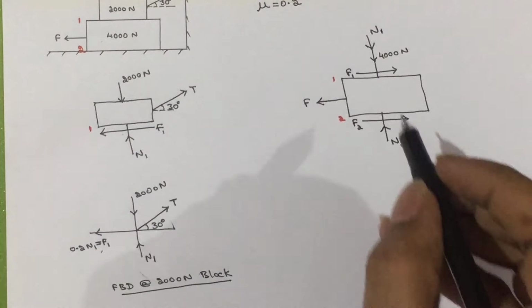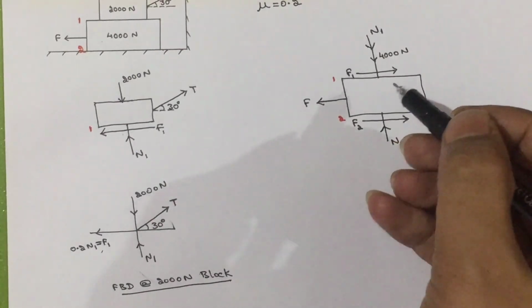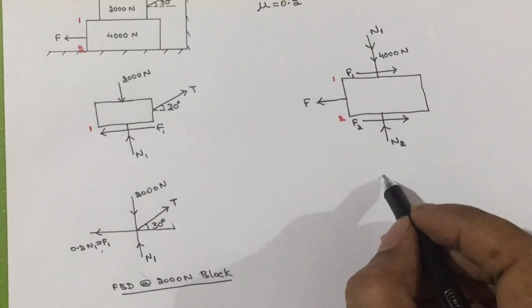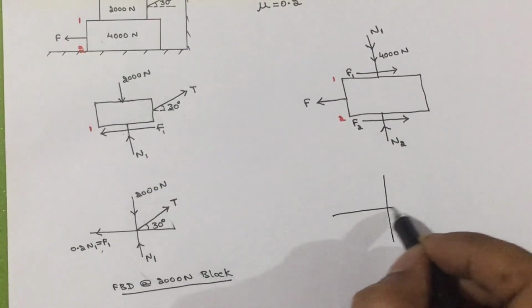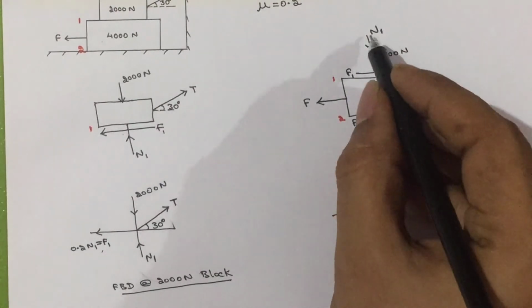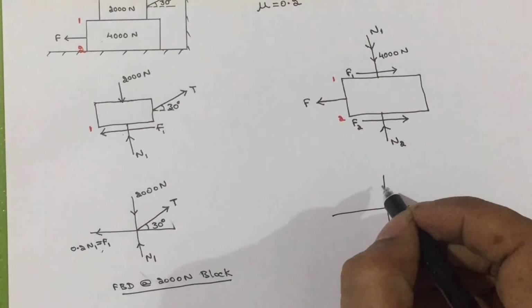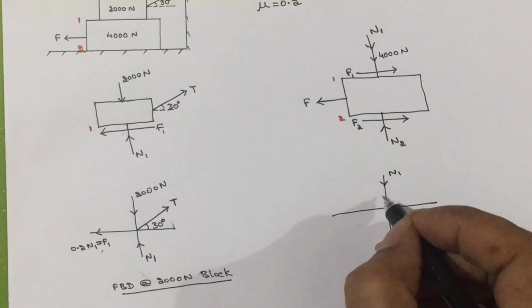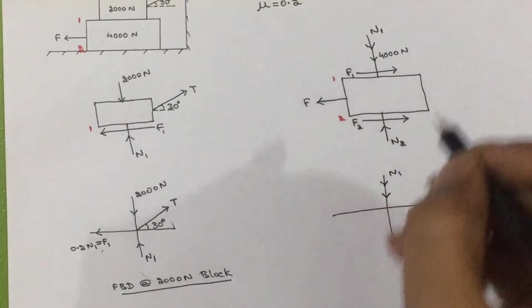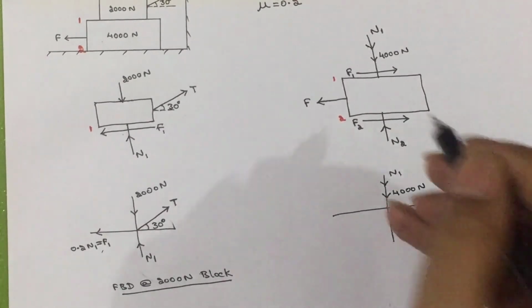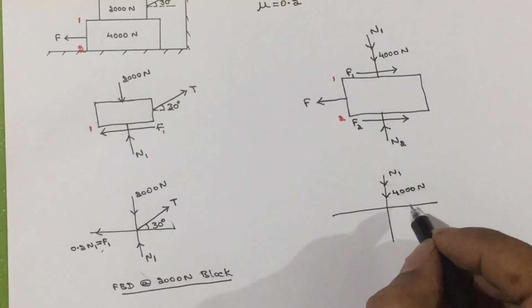Next, like that, write the free body diagram, nothing but we already wrote the free body diagram, simplify it. So just write the plus mark. Then I will start from this force. So here vertically N1 is acting, as well as vertically downward 4000 Newton is acting, and towards right F1 is acting.